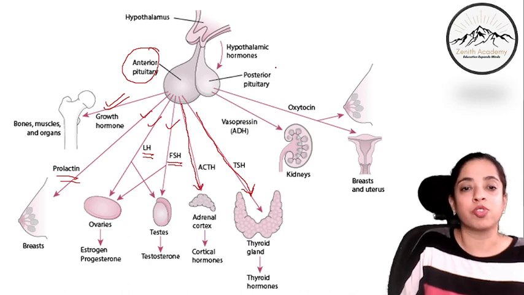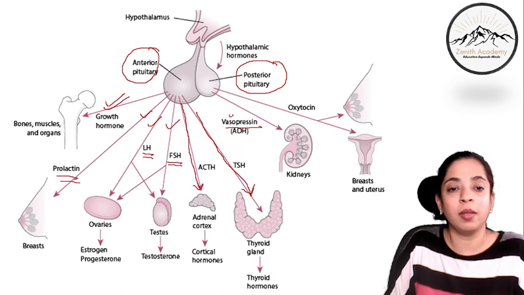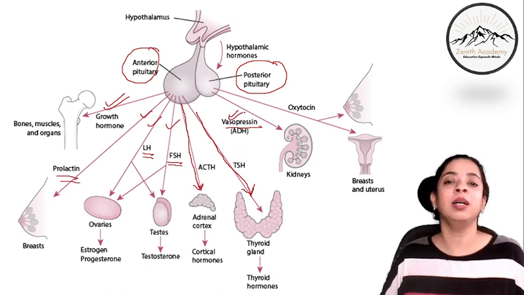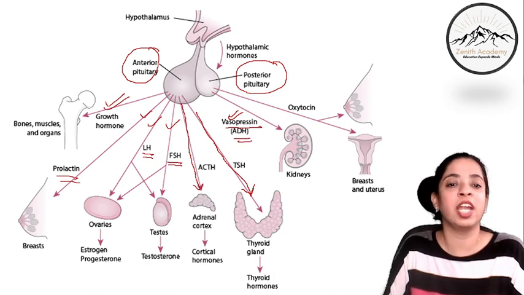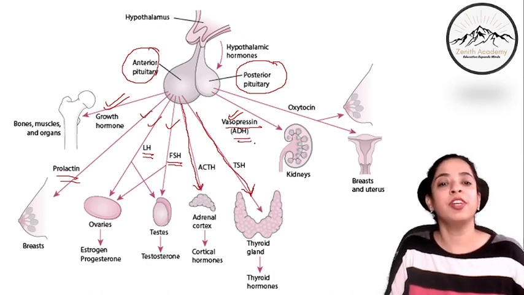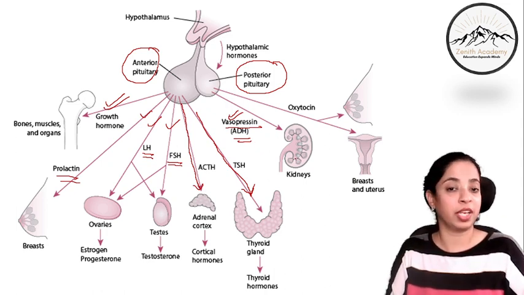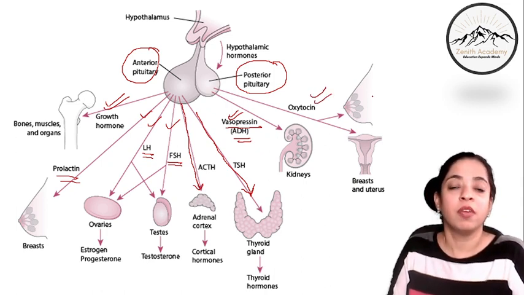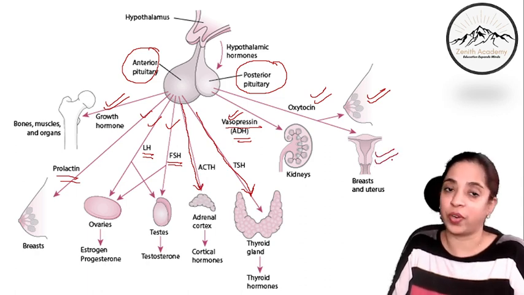Now comes the posterior pituitary. It releases only two hormones: vasopressin, which presses the blood vessels and increases the blood pressure; ADH, antidiuretic hormone, which helps in reabsorption of water in the kidney; and oxytocin, which helps in the release of milk and in the uterus contractions.